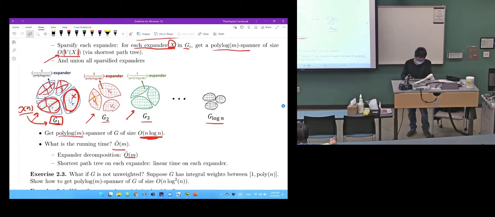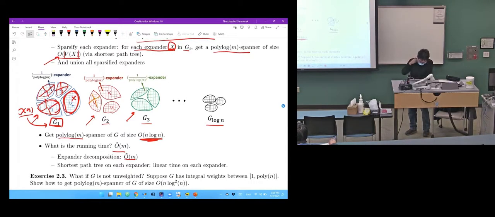Quick question. Here I assume that G is unweighted. There is actually an easy trick to handle weighted graphs. Suppose that the graph has integral weights, like from 1 to polynomial.